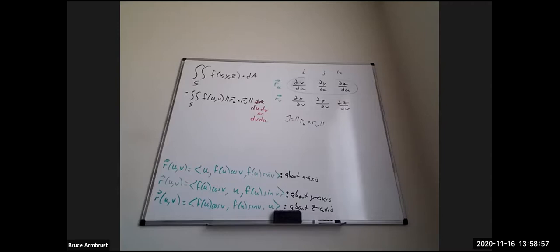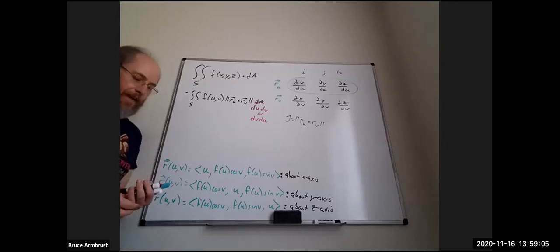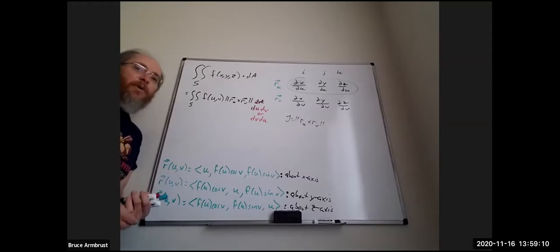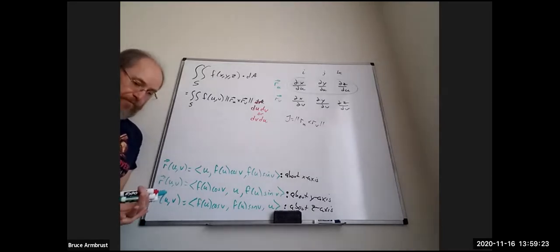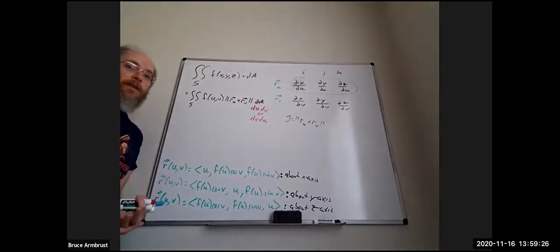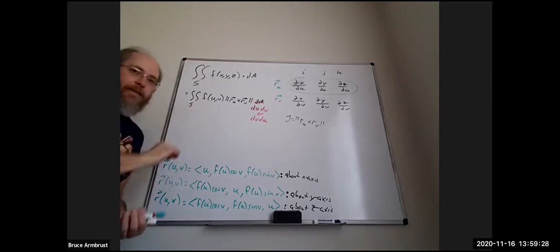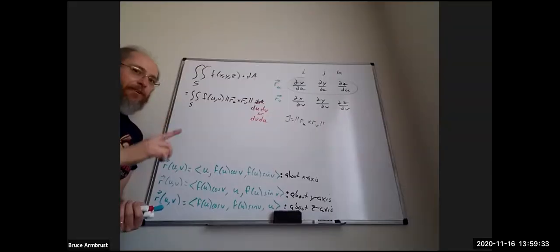All right, so let me show you how we do this. And we're going to start with actually a simple thing that we want to do. I just want to find the surface area of a surface. Okay, that's all I'm going to do. So if I'm going to find the surface area using a surface integral, what function am I going to integrate to get surface area? A constant, or 1. Yeah, I'm just going to integrate 1.